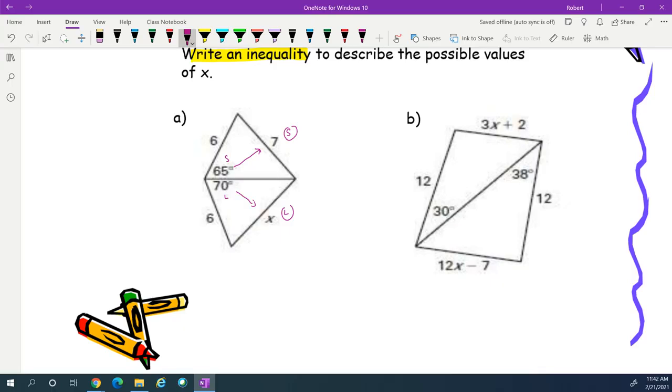We cannot solve for x. We're just asked to write an inequality using x. Well, x compares to the 7. It's the opposite side, so we compare the corresponding parts. X is greater than 7.